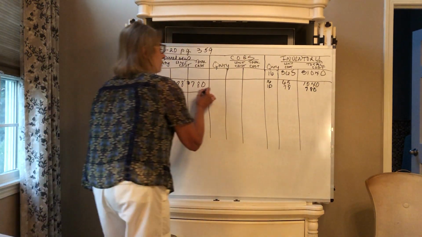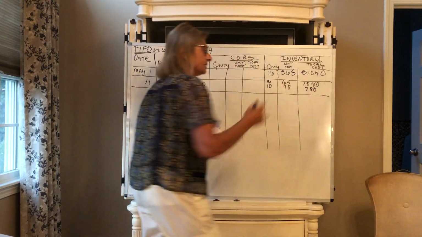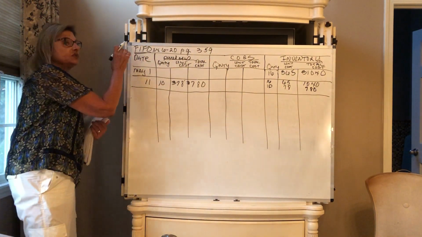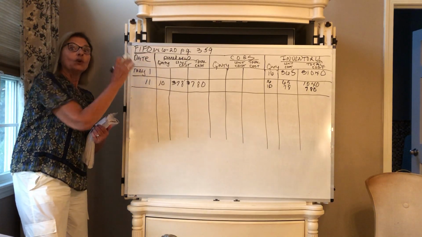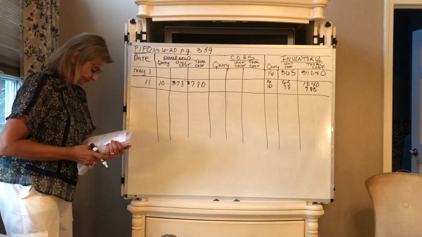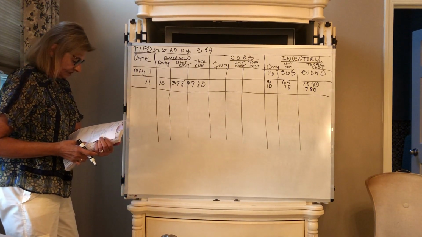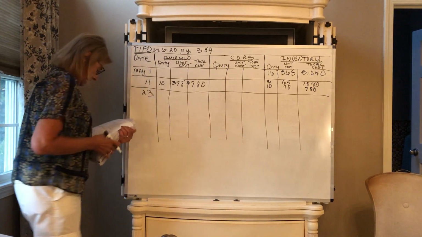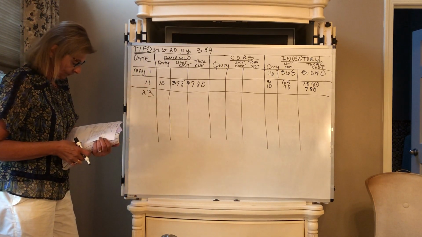So now when we go to sell, we have a choice to make. Which one are we going to sell first? Well, because we're using FIFO, we're going to sell the oldest first. Cheaper stuff. Okay? So we have our first sale on the 23rd of May. And we sold 12 units.